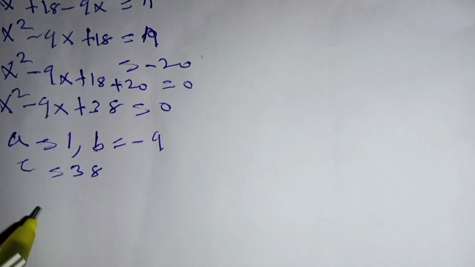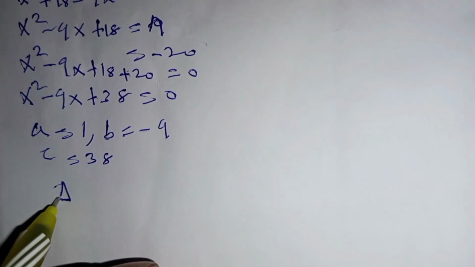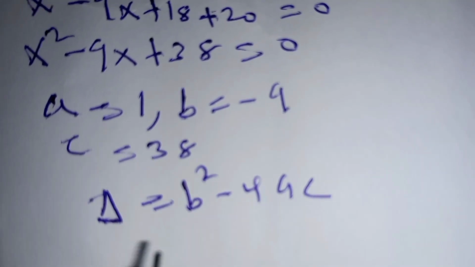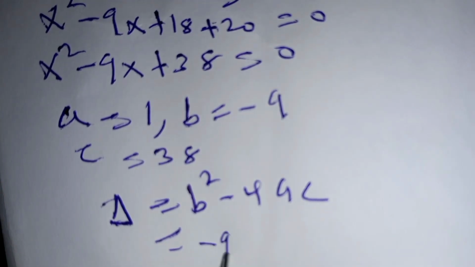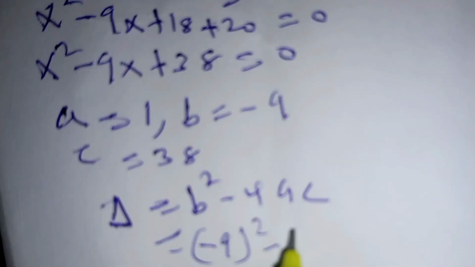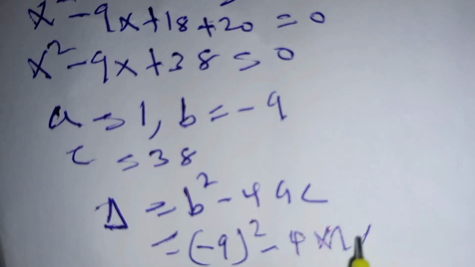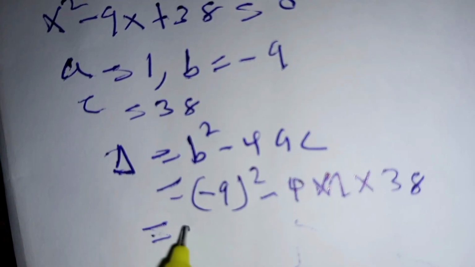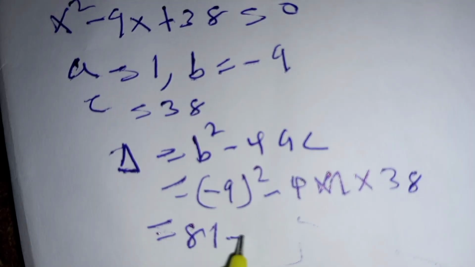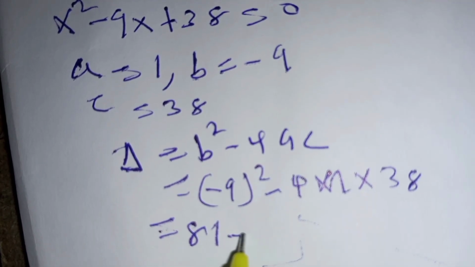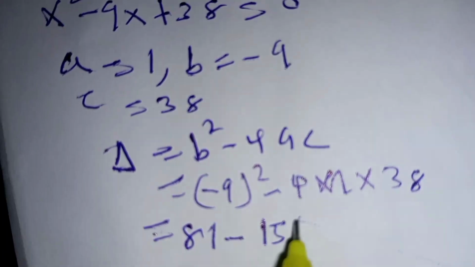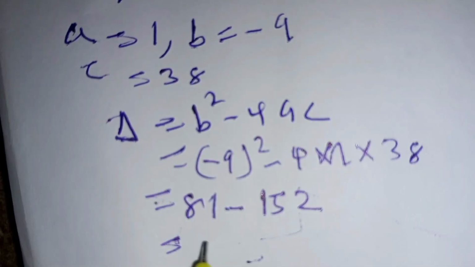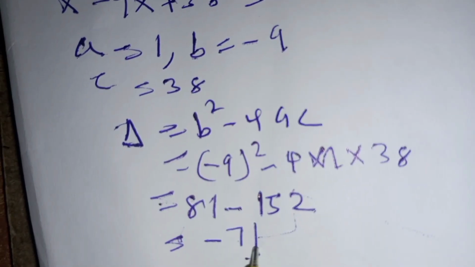We check the discriminant. The discriminant is given by b squared minus 4ac. We substitute our values: negative 9 squared minus 4 multiplied by 1 multiplied by 38. Negative 9 squared is 81, minus 4 times 1 times 38 is 152. 81 minus 152 is negative 71.